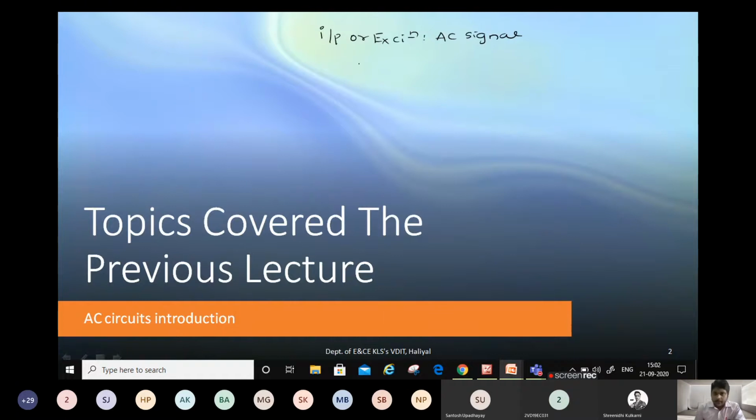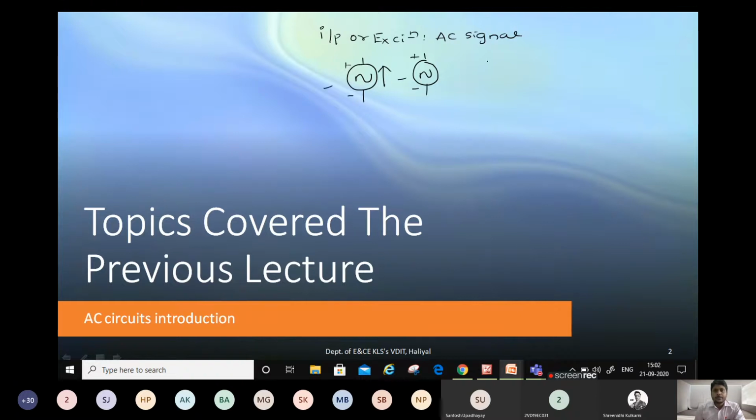If you see a source represented like this, it indicates an AC voltage source. Sometimes they will not give polarity, they will give this arrow mark, which means this is positive and this is negative. Or sometimes they may give plus and minus, and here the value.